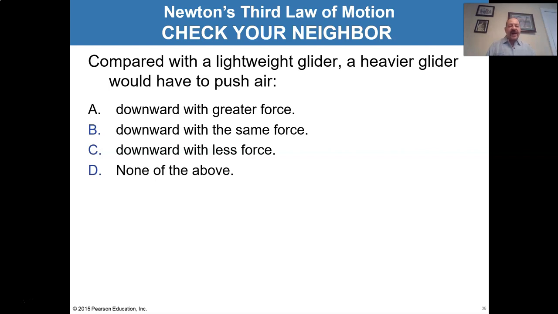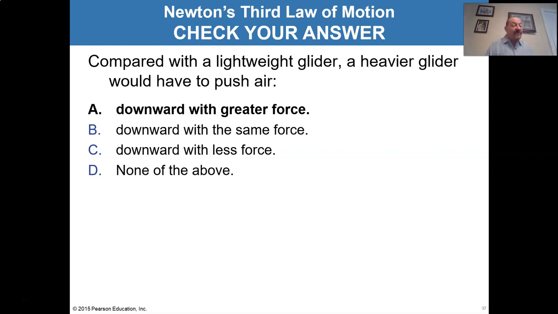Compared with a light wing glider, a heavier glider would have to push air: downward with a greater force, downward with the same force, downward with less force, or none of the above. Well, remember, this is a heavier glider. It weighs more, it has more downward force, and therefore to fly in the air, to hover in the air, it must have a greater downward force pushing the air down, so it has a greater lift pushing this heavier glider up.